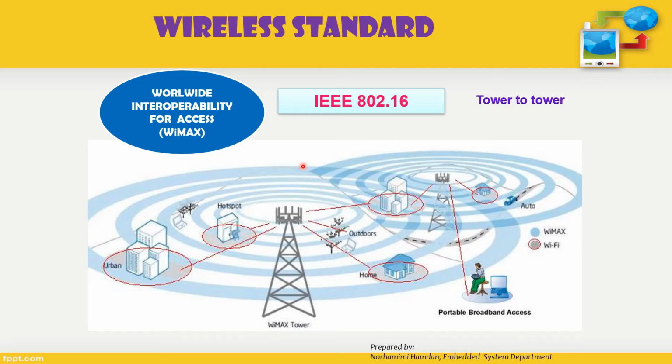And then this tower provides a very wide coverage, and it enables portable broadband access to the client, especially in rural areas where we cannot use cable to achieve the connection. So we replace it by the use of a WiMAX tower or base station. So this is the overall picture of how WiMAX works.